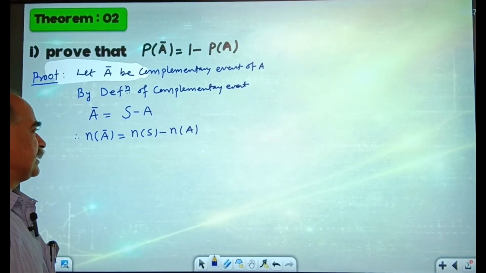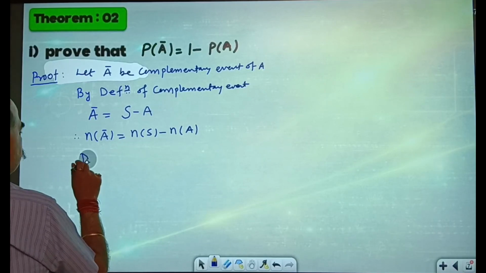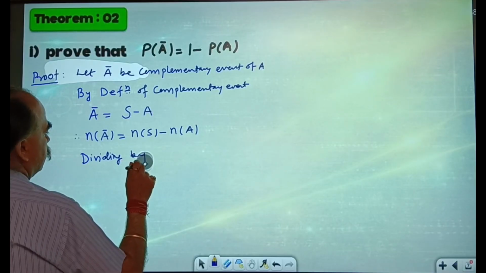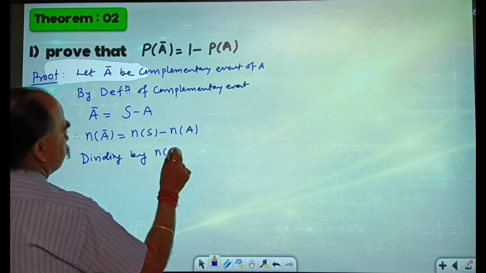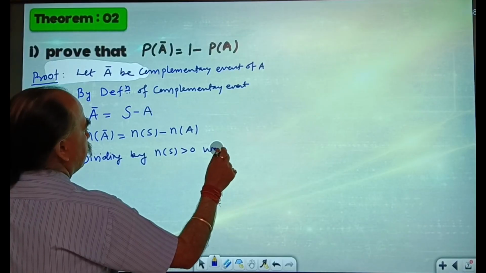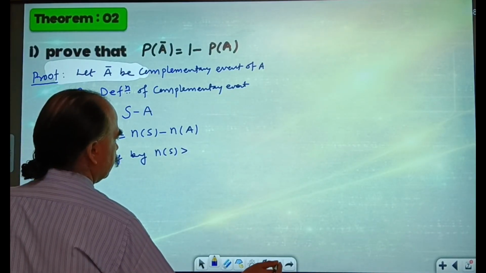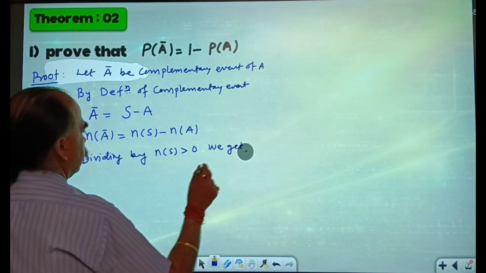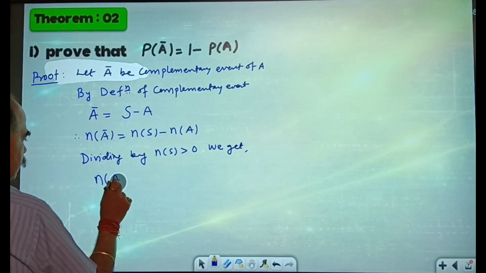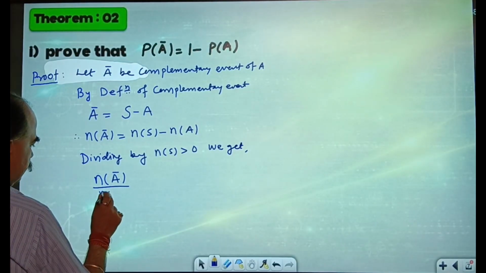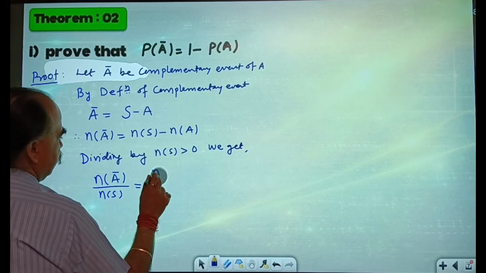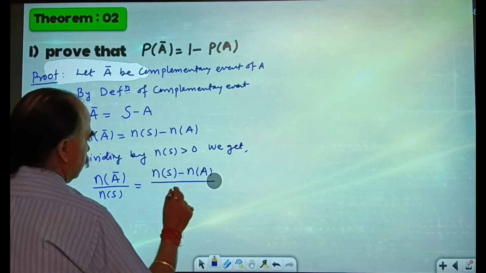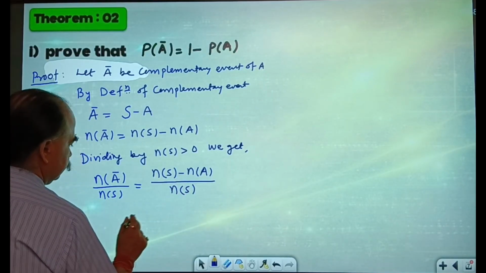We convert this into probability, so we divide by n(S) greater than 0. We get n(A bar) upon n(S) is equal to n(S) minus n(A) upon n(S).